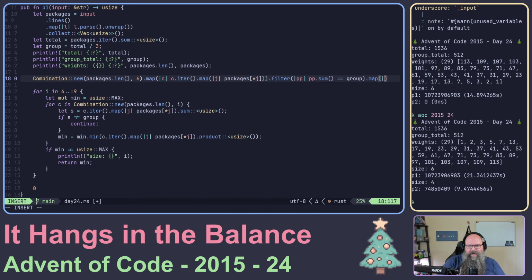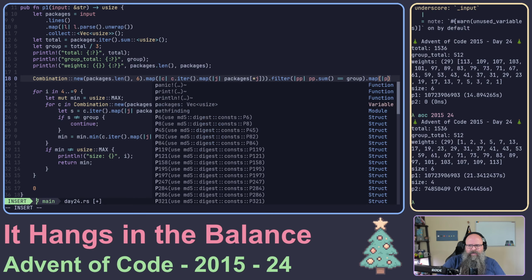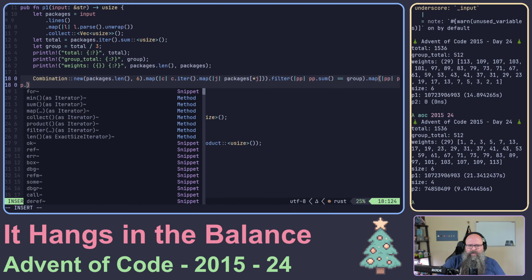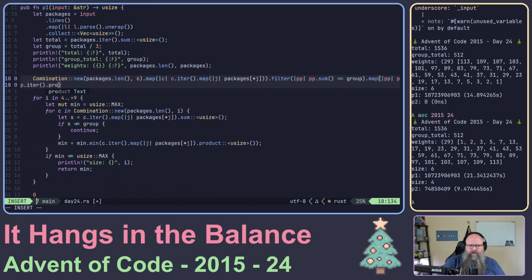And then we want to map them to their quantum entanglement, which is like that, maybe.